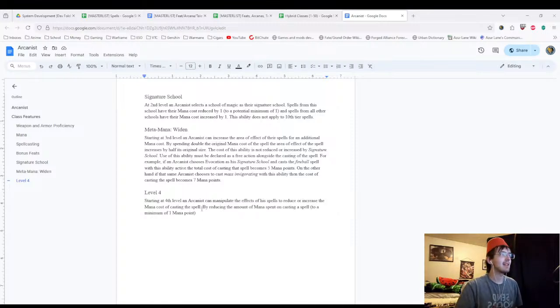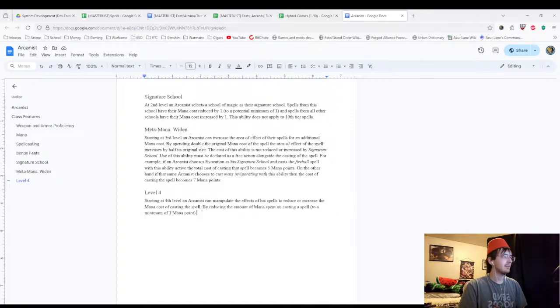Maybe once everything stacks up, they'll be able to cast 5th tier spells for next to free, like 1 mana point, but first tier, it's like, oh no, I could cast infinite first tier spells because of this, and since it's my signature, blah blah blah. Actually, signature hard locks them at 1, so it would have to be an off-school spell, but that's kind of a min-maxy thing. We'll see if that pans out with everything that ends up getting written down.